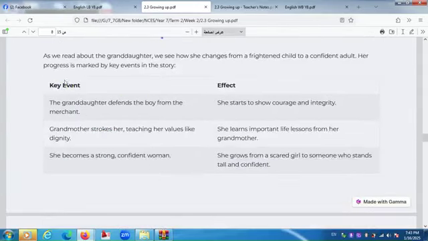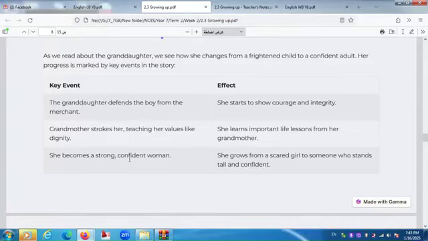The character development: remember that we have two main characters, the granddaughter and the grandmother. The granddaughter defends the boy from the merchant, and the effect of it is that she starts to show courage and integrity. The grandmother's strike teaches her values like dignity. She learns important life lessons from her grandmother.